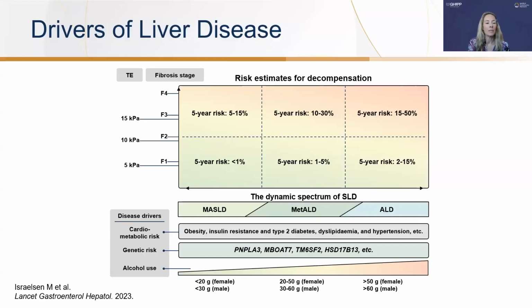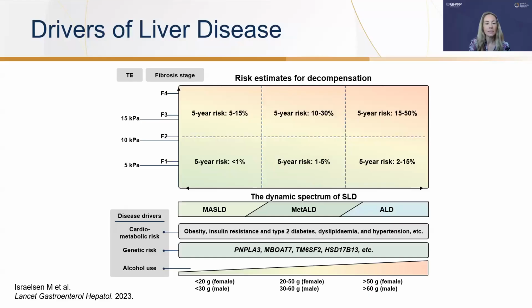So this graph is just showing basically on your x-axis, you have the drivers of steatotic liver disease. So alcohol use, different genes that are involved, your cardiometabolic risk factors. And on the y-axis, you have severity of liver disease as reflected by a fibrosis score based on FibroScan or VCTE.